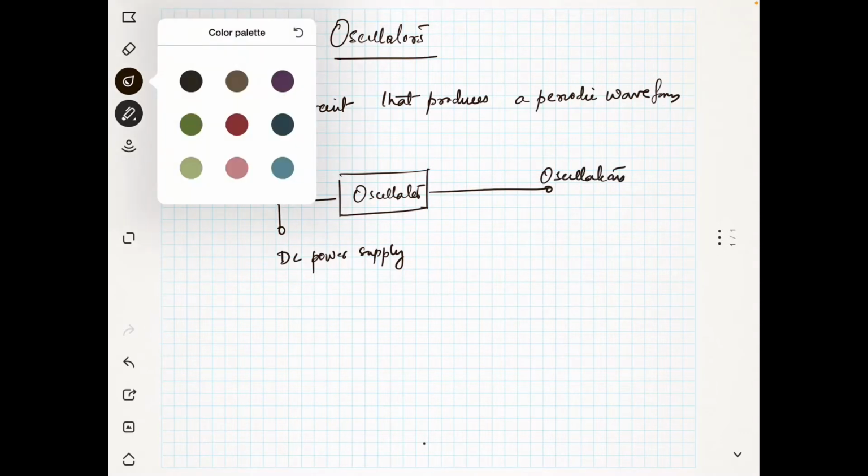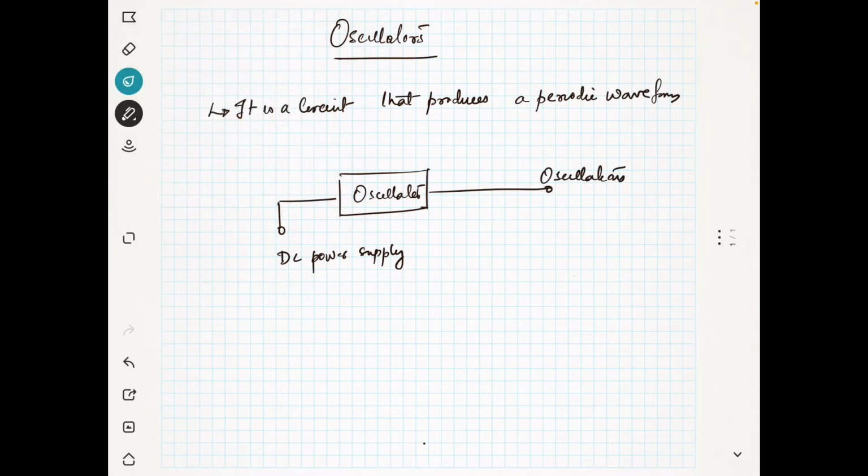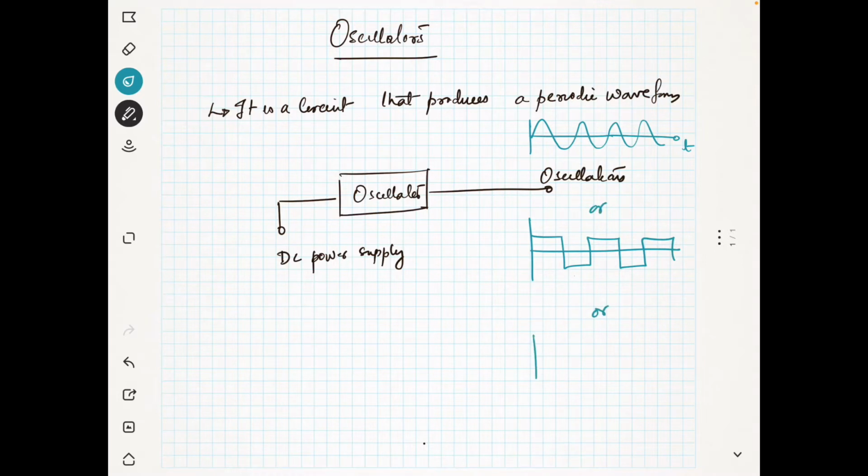And these oscillations can be anything. Sometimes it can be a sinusoidal wave according to your design. You can also produce a square wave, or you can have an output like a sawtooth wave.